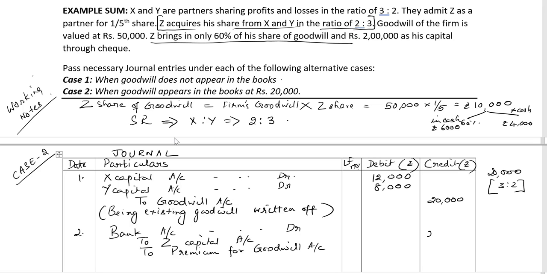The capital brought in by Z rupees 2 lakh and the premium for goodwill that is brought in cash is rupees 6,000. Total cash received by the firm 2,06,000 rupees, being capital and premium for goodwill brought in by partner Z.